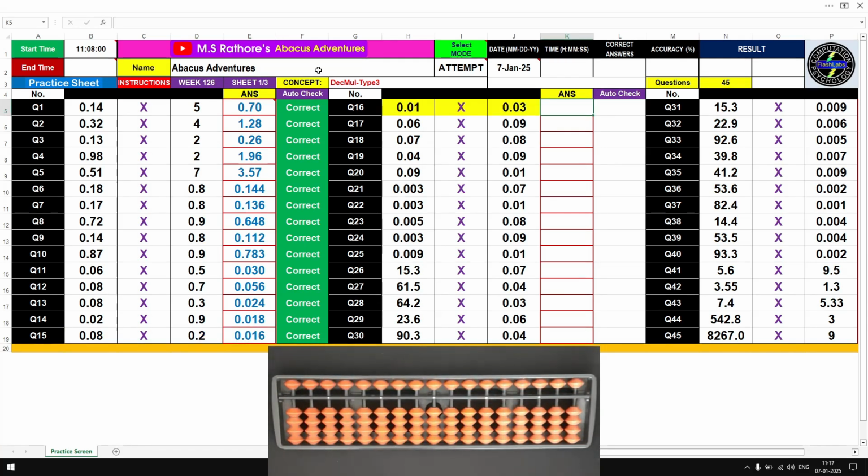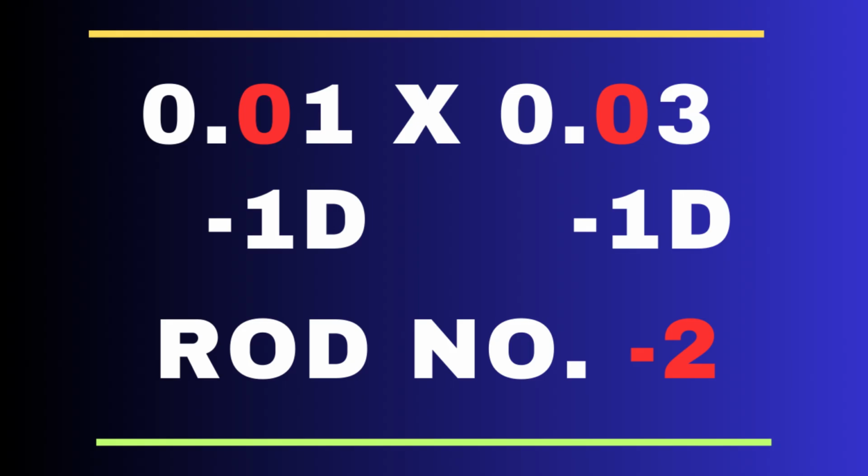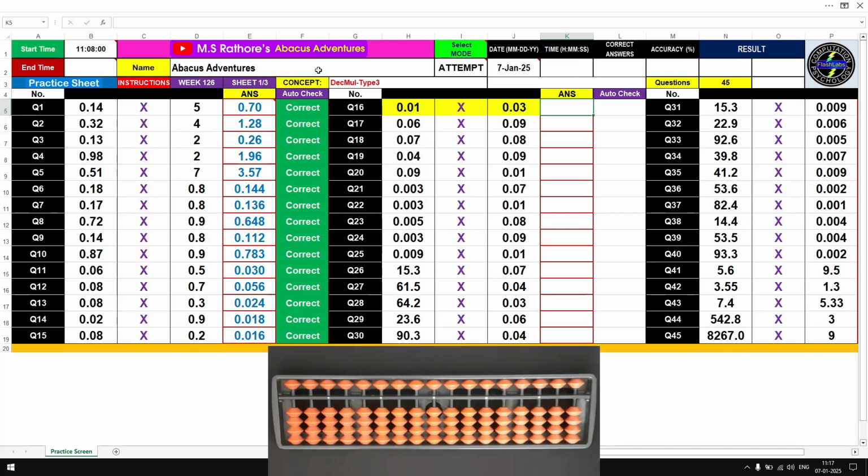Question number 16 is slightly different from the previous questions because there is a 0 before the decimal point and after the decimal point in both the multiplicand and the multiplier. So each 0 after the decimal point is taken as -1. So 0.01 multiplied by 0.03, there are two zeros after the decimal points.